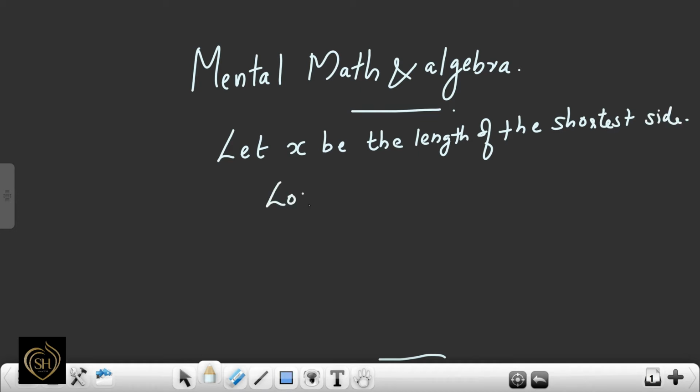Then, the longest side is equal to x plus 5.